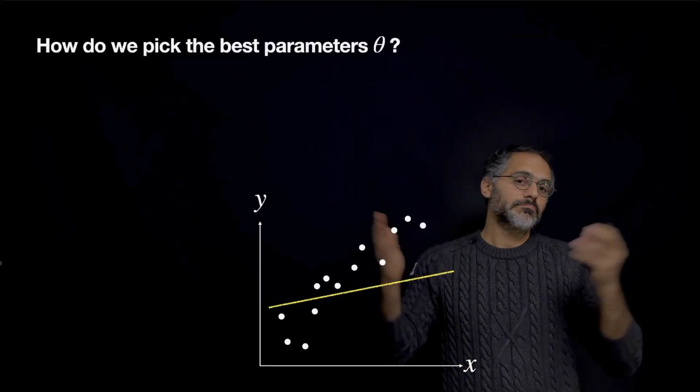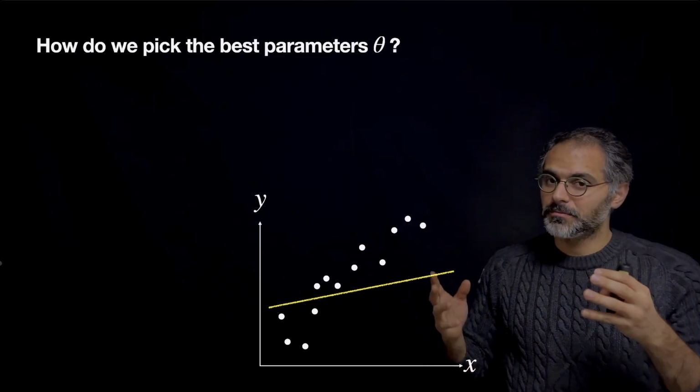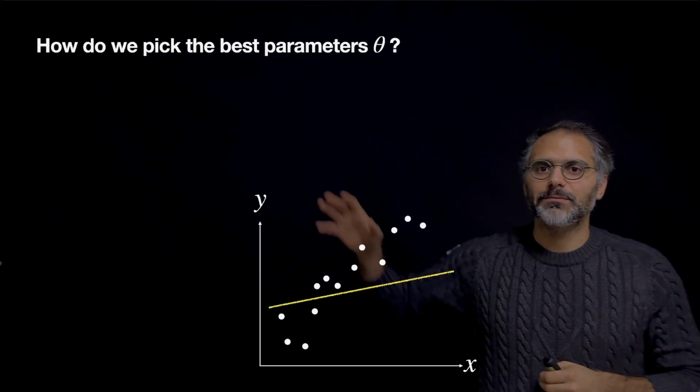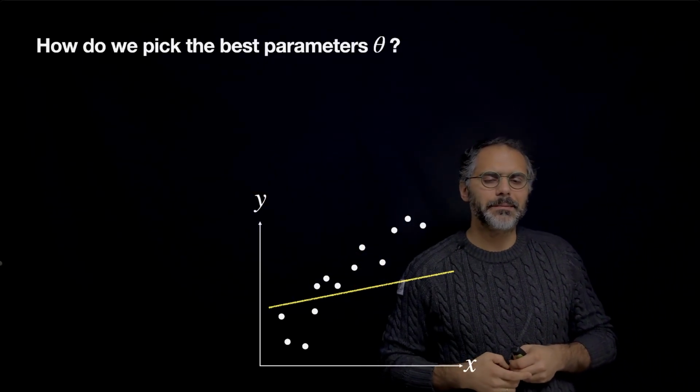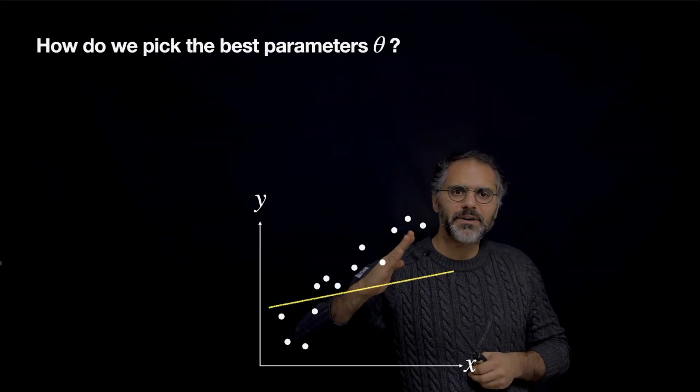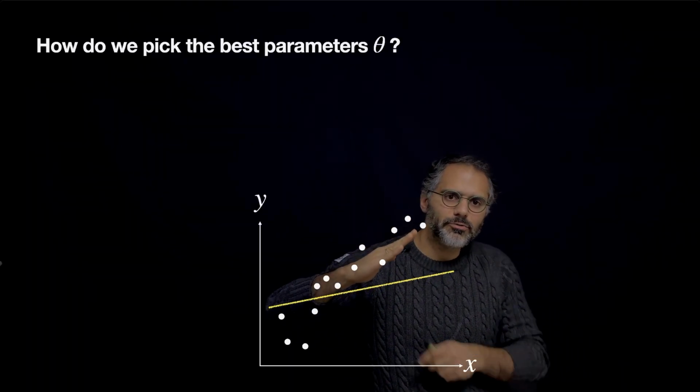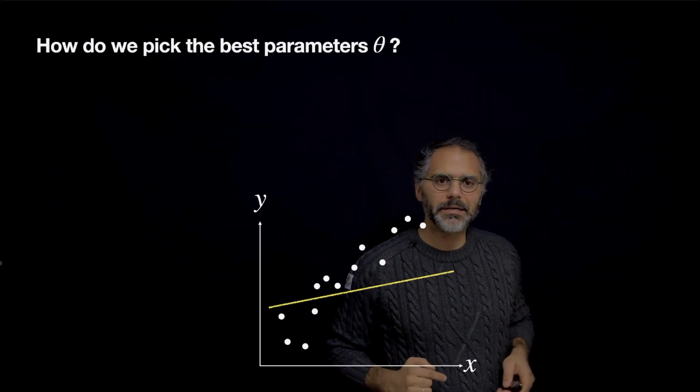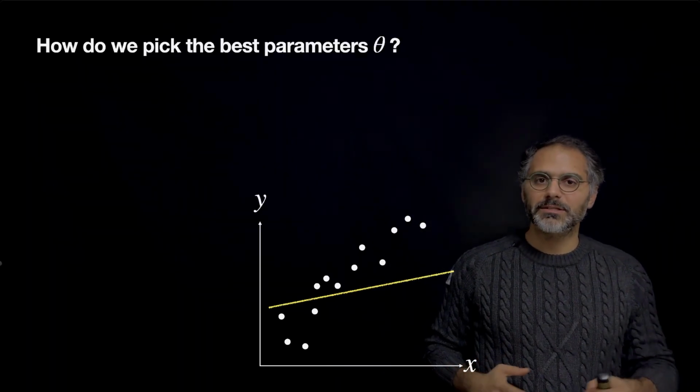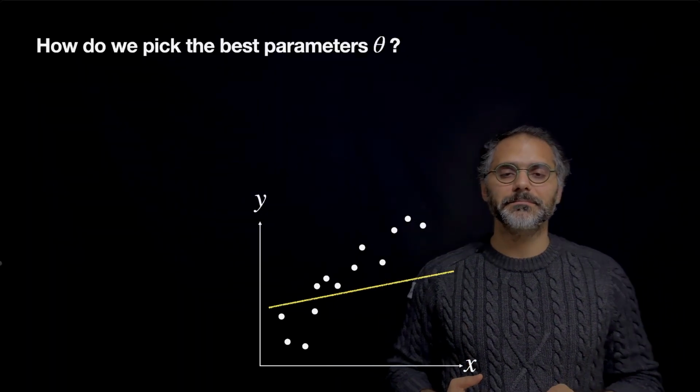All right, so where do we go from here? We're going to go to the original question that you hopefully thought about a little bit, and we're going to ask, how do you pick the best parameters? So I have this line, and I want to find the best theta that gets me to this ideal line. There's some concept of a line that's really capturing the trend of the data.